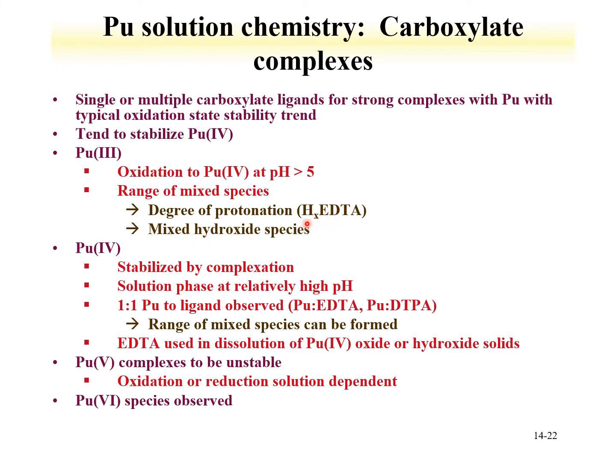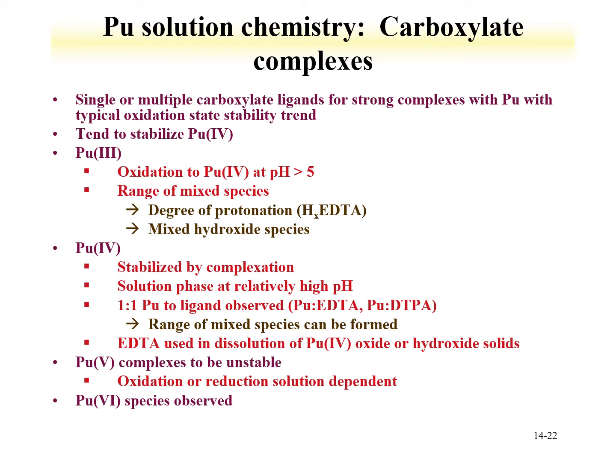For instance, with EDTA, ethylenediaminetetraacetic acid, the degree of protonation of the EDTA will vary depending upon the pH, and also you can get mixed hydroxide species, so you can get plutonium hydroxide with EDTA.